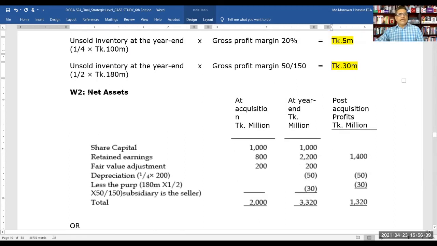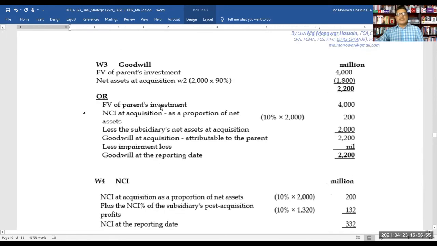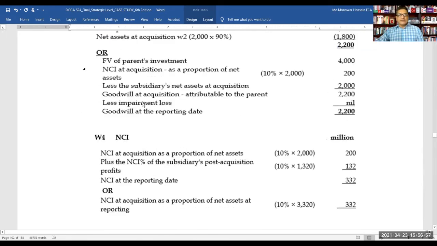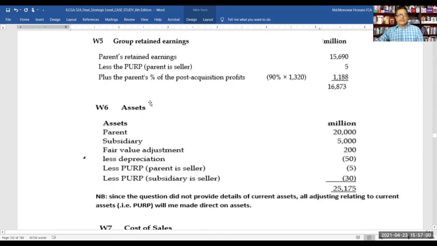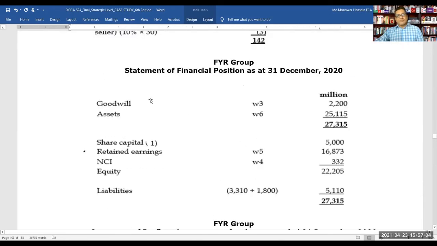And this way, we have to calculate the net asset of both companies, at acquisition and post-acquisition. And post-acquisition profit here comes to 1.32 million. And we have to calculate the goodwill here. All is calculated here. You should do it in your draft also.